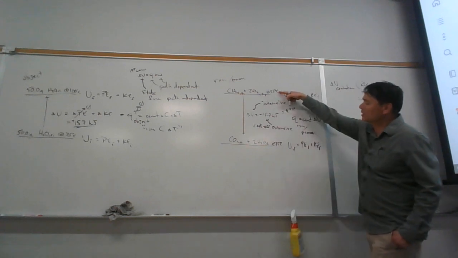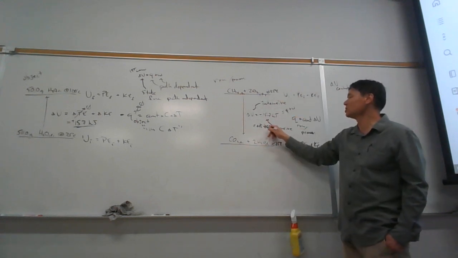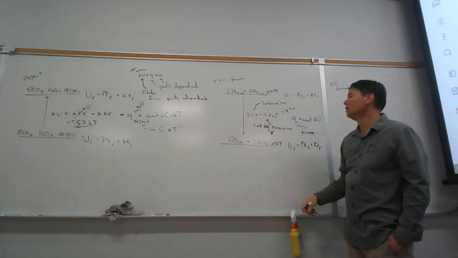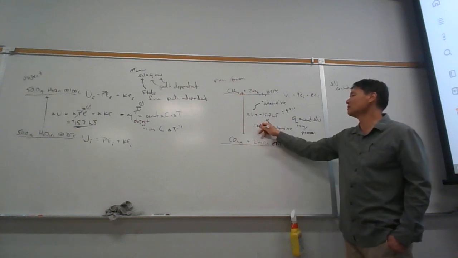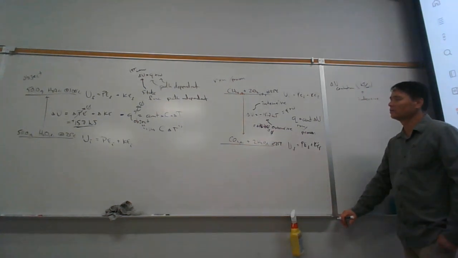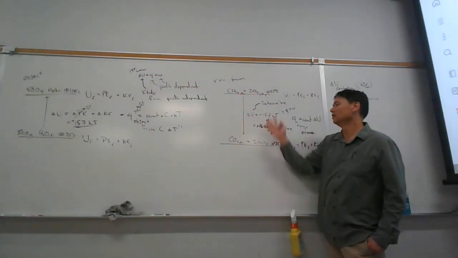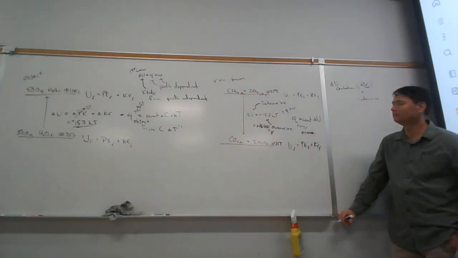If I look at the temperature here, the temperature stays the same. We go from 25 to 25 degrees C, so the change in kinetic energy is 0. So this is just a result of the change in potential energy. Well, the change in potential energy is going to be fixed, in this case primarily because the bonds here are different. They'll have different energies.